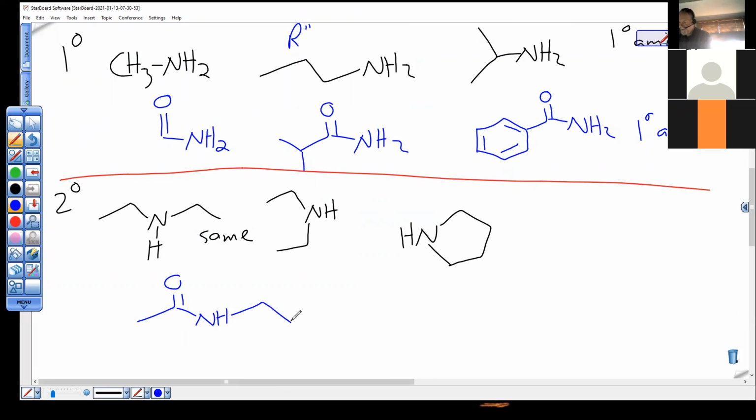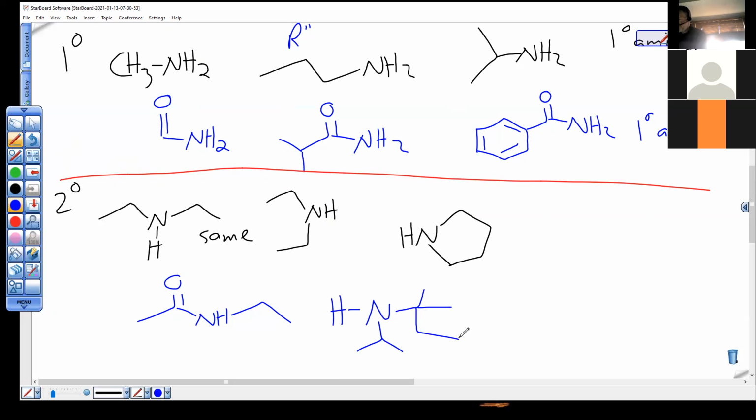You can put the H there. You do know that H is not bonded to both the nitrogen and the carbon, right? That's not H's nature. So when you see it like this, it's bonded to the previous atom. Secondary. You have two different groups.